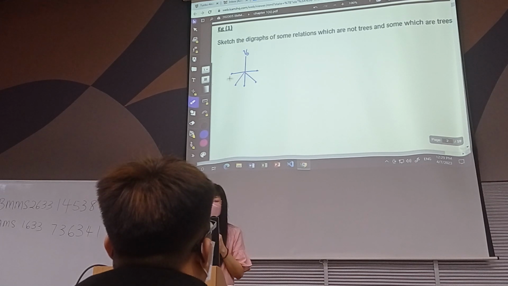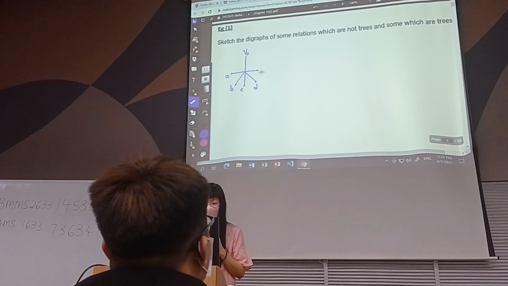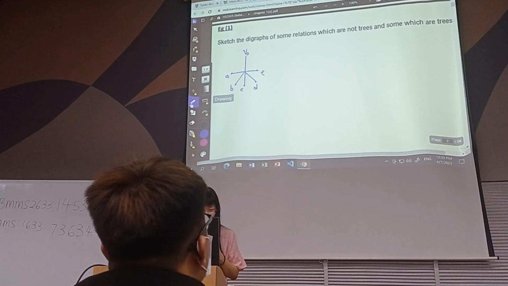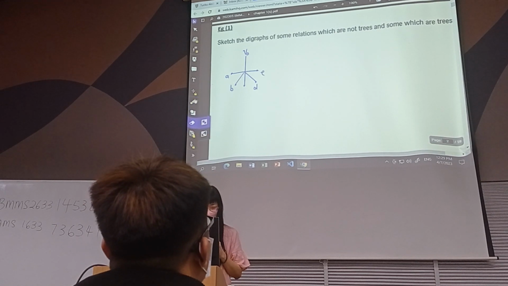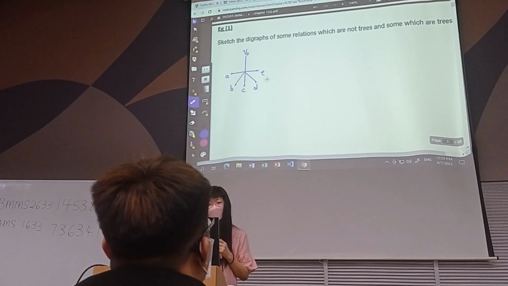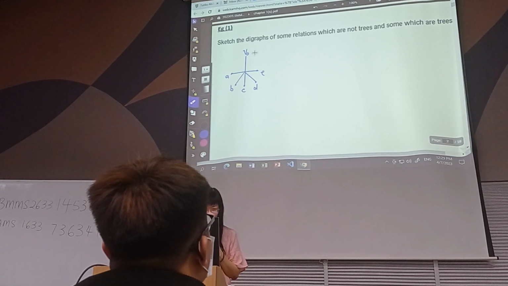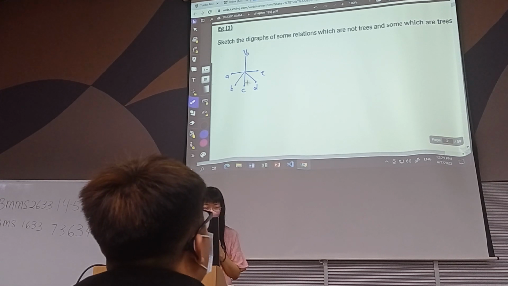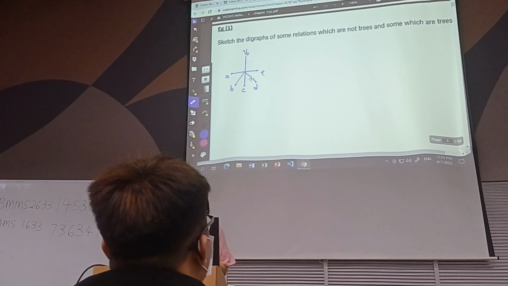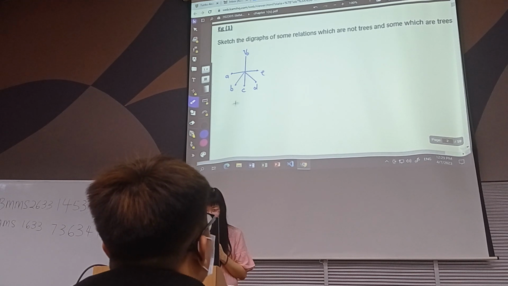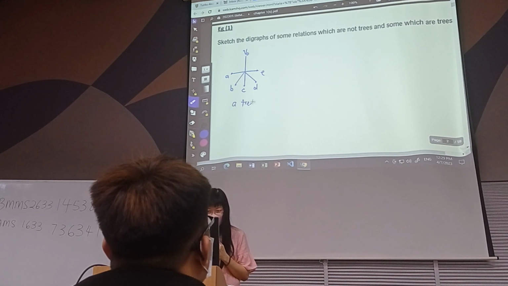I can label these as A, B, C, D, E. This is C. So we can label all the vertices like this. All the paths come from the root. Okay, so this is an example of a tree.